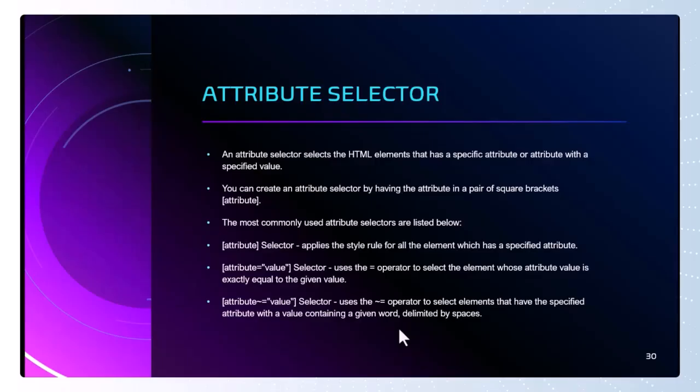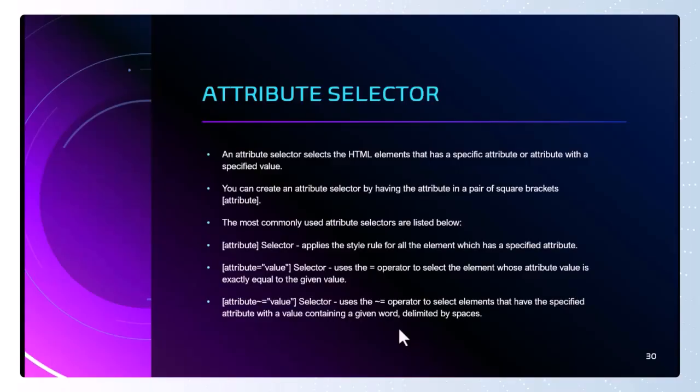The attribute selector selects the HTML elements that have a specific attribute or an attribute with a specified value. You can create an attribute selector by having the attribute in a pair of square brackets. The most commonly used attribute selectors are: the attribute selector applies the style rule for all elements which have a specified attribute.